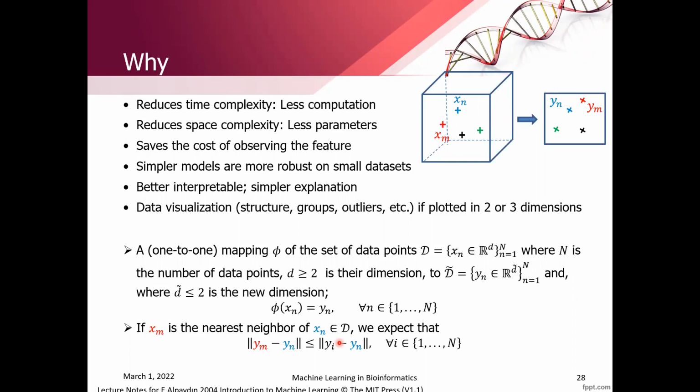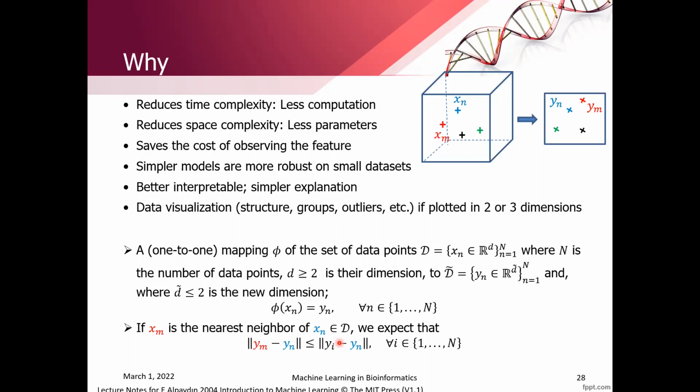And if we know that x sub m is the closest to x sub n, then we would like, after the transformation, that x sub n is transformed to y sub n, and x sub m to y sub m. We would like that y sub m will be the closest neighbor to y sub n. So it preserves the relations of distance.